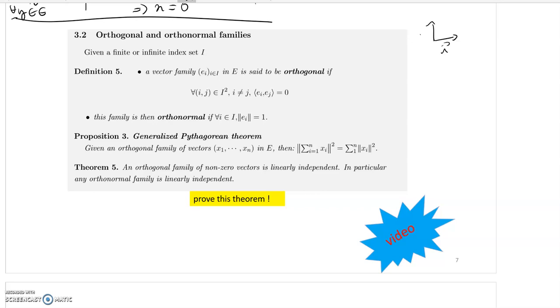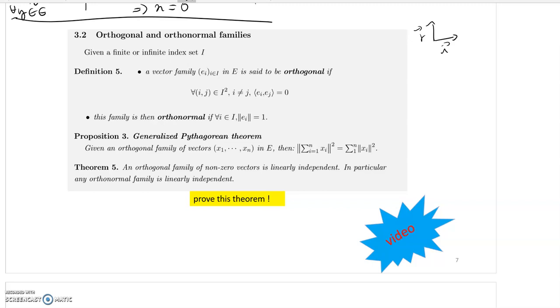The i, j of the plane, the i, j, k of the space. These are all orthogonal bases, orthonormal bases, and you already see why it makes all the calculations much easier in those kinds of bases.